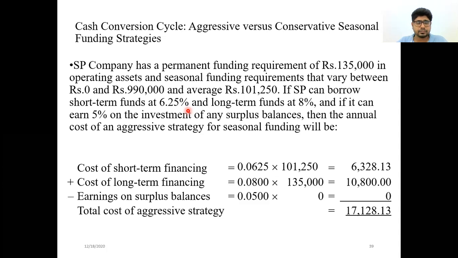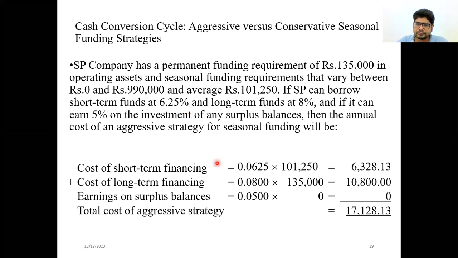So if you have additional money, you can invest it in a bank fixed deposit or savings account, or buy treasury bills, and earn 5%. Then the annual cost of the aggressive strategy for the seasonal funding will be... so we have to understand the difference between conservative and aggressive policy to answer this question.